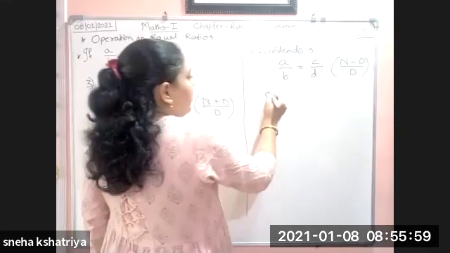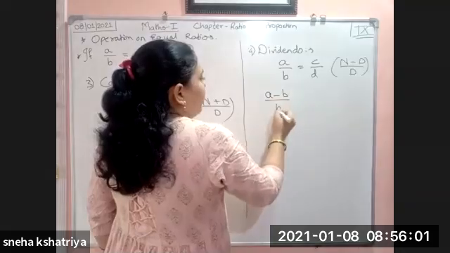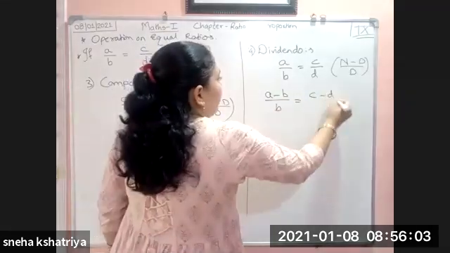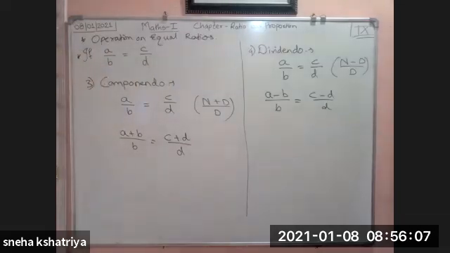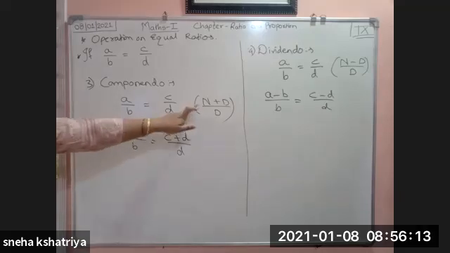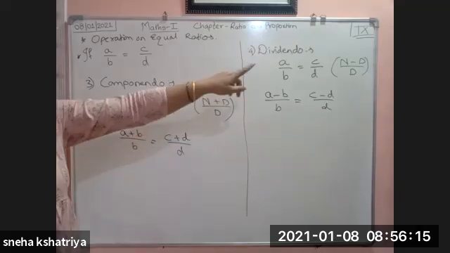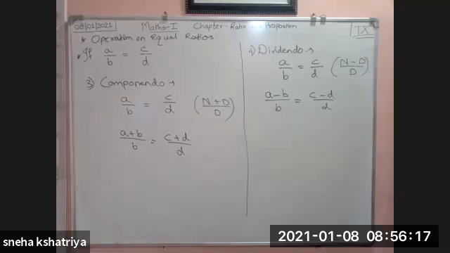So this will become A minus B upon B, which is equal to C minus D upon D. So this is your operation dividendo. Very simple one. Componendo n plus d upon d, dividendo n minus d upon d. n and d are your numerator and denominator.